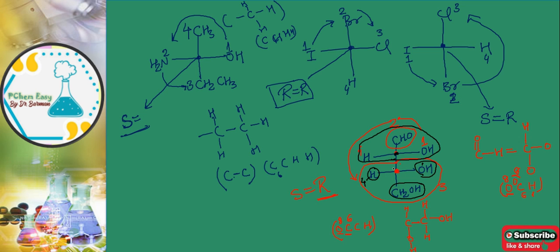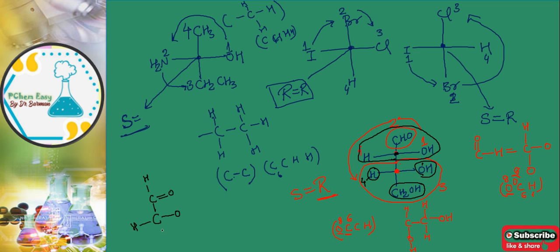Now if we see this, there is a carbon which has another carbon upside. That is bonded with oxygen and hydrogen. And what about here? It is bonded with oxygen, and here it is bonded with hydrogen.